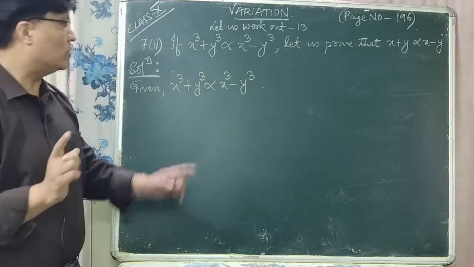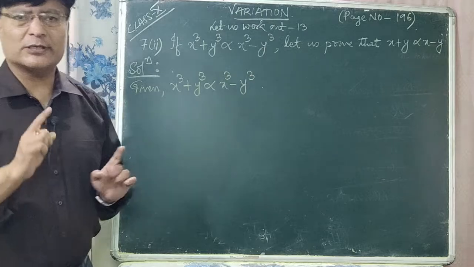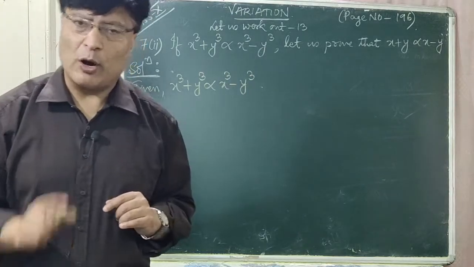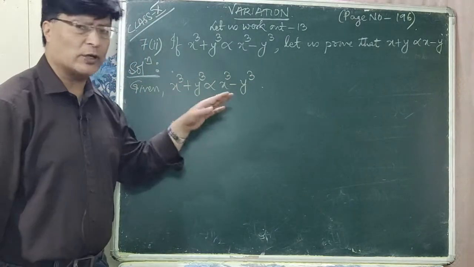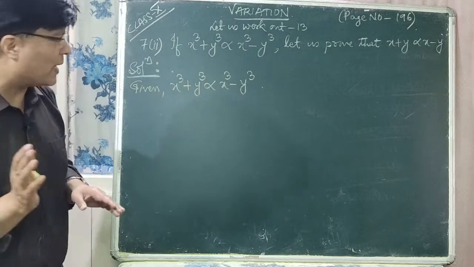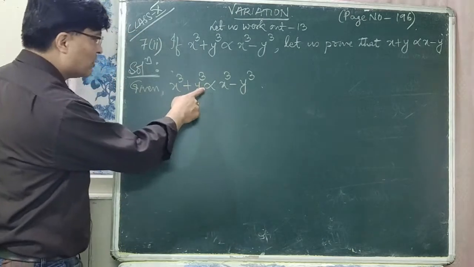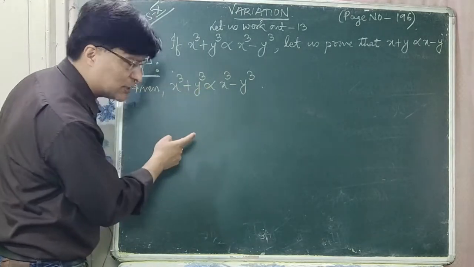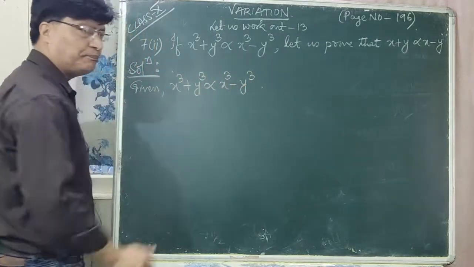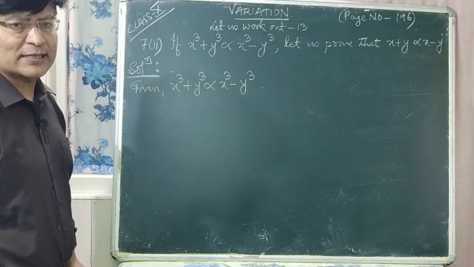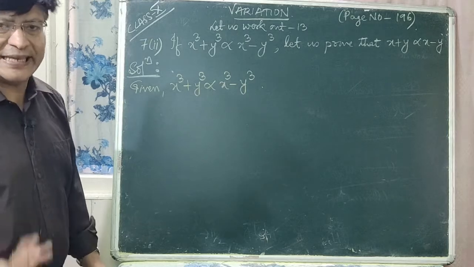Okay, so you have to convert this proportional sign into equality sign. So how to convert this proportional sign into equality sign? I already told you in the last online class. So if you convert this proportional sign into equality sign, you have to multiply the right hand side by a constant quantity k.